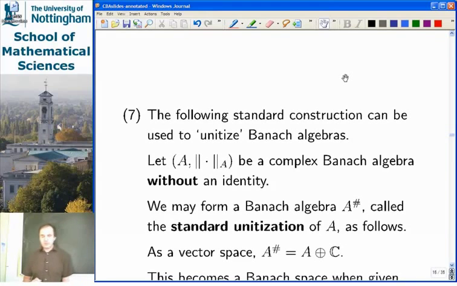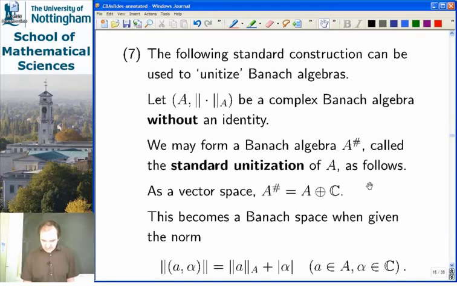And this is what we call the unitization procedure. So let's suppose you start with a complex Banach algebra which doesn't have an identity and you'd like to have one. Then what you do is you add one dimension in, you just form the direct sum, external direct sum, with C. So that means you've got ordered pairs.